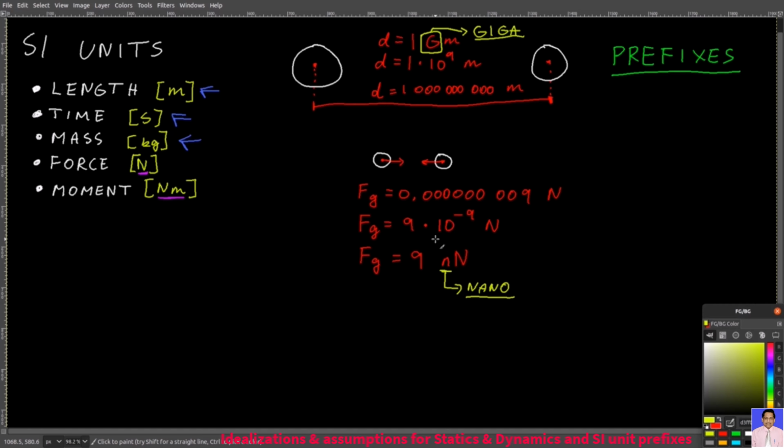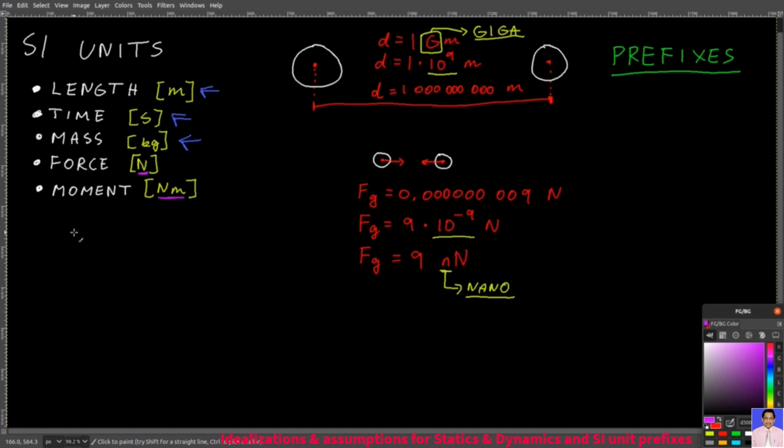So when you have an exponential form 10 to the power of minus 9, you can simply replace it with nano, and people will know that it's something times 10 to the power of minus 9. Similarly, when you have an exponential form 10 to the power of 9, then you can simply replace it with giga, and people will know that it's something times 10 to the power of 9.